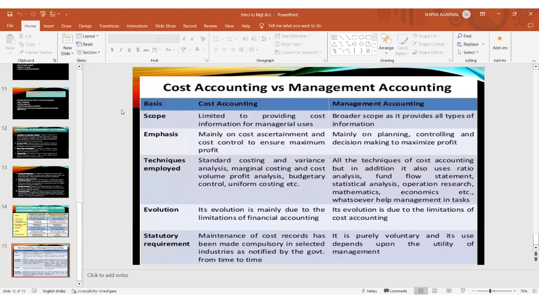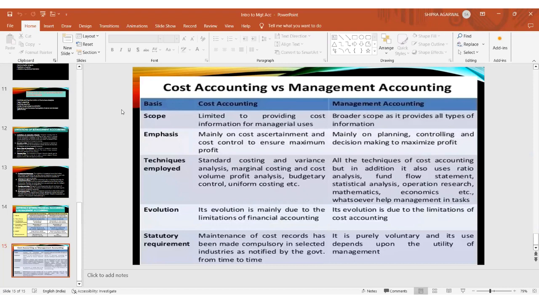Now, there are various types of techniques involved in cost accounting and management accounting. In case of cost accounting, we have standard costing, variance analysis, marginal costing, cost volume profit analysis, budgetary control, uniform costing, etc. In management accounting, all the techniques of cost accounting are definitely used.